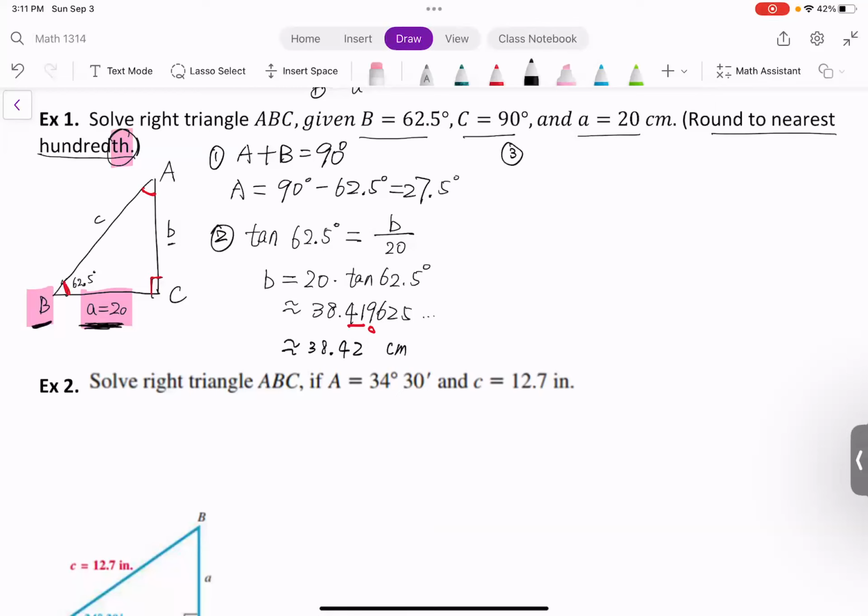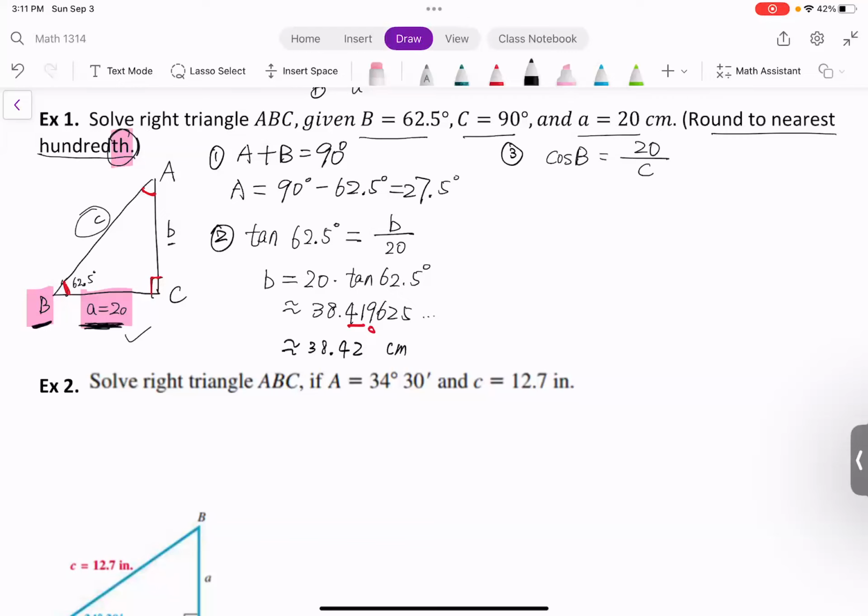So let's see the third one. We know the adjacent. I want to find the hypotenuse. What is that? Is that a cosine? Yes, it is. So cosine B equals adjacent, that's 20, over hypotenuse, which is c. We are looking for the value of c.